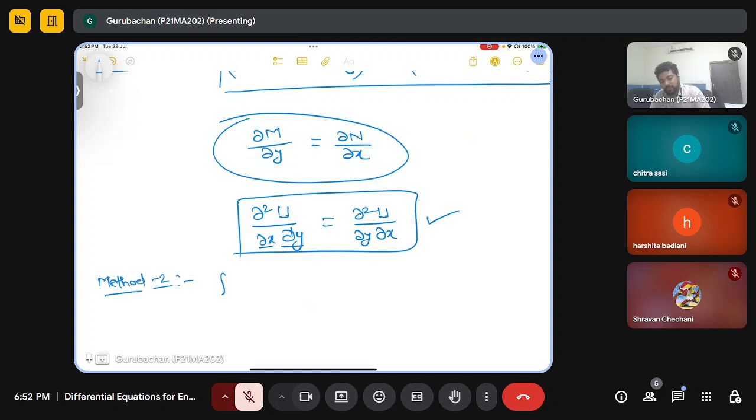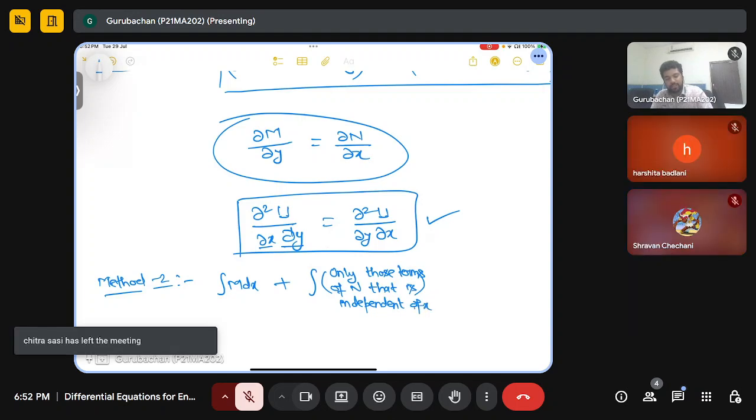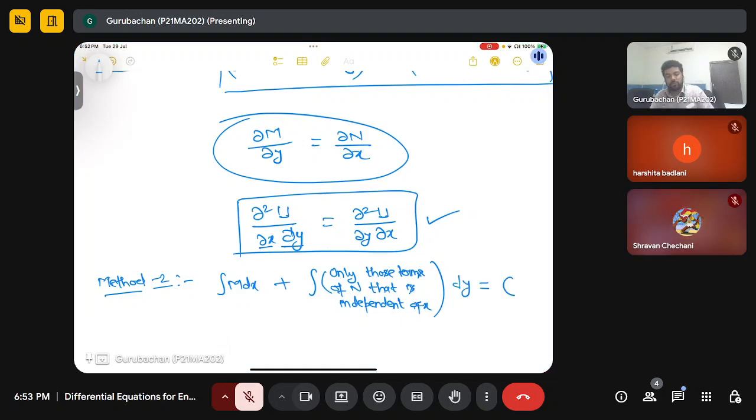See, one method is itself only integral of M dx plus integration of only those terms of N that are independent of x. I hope it is visible, or shall I write again? No, sir, it is visible. So this is equal to some constant.